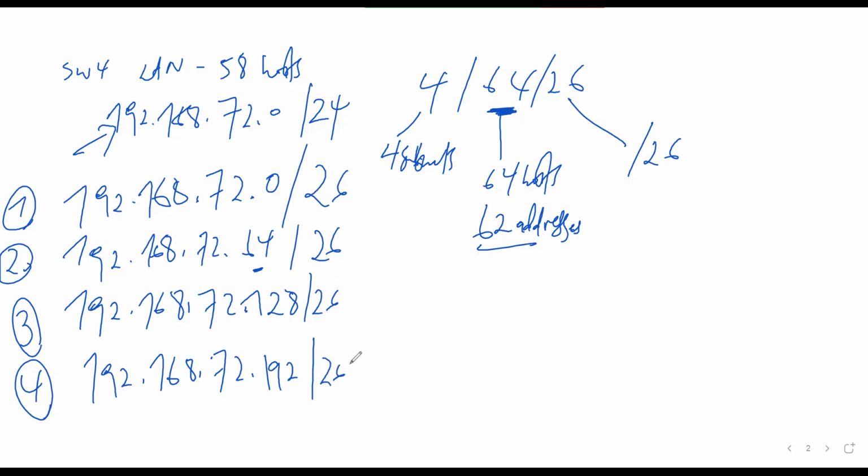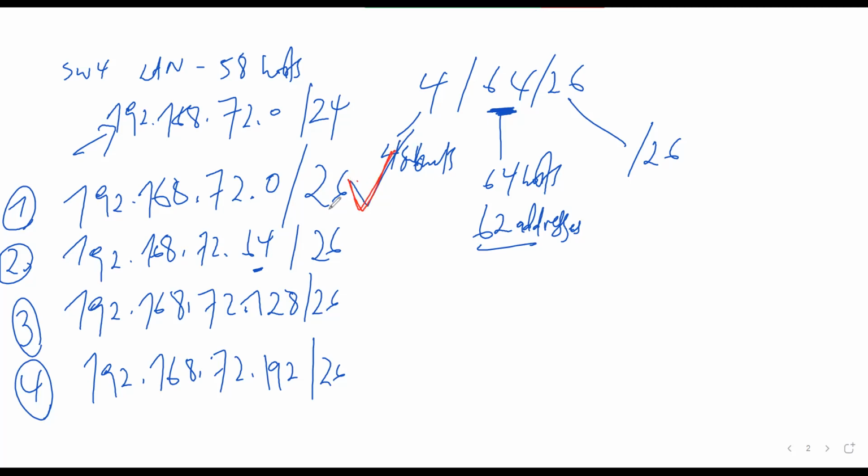Right. So for the first network with 58 hosts, we have created 4 subnets. Each of the subnets can fulfill our requirements. And so we're going to choose one from those 4. We're going to choose this one, and that becomes our first subnet.